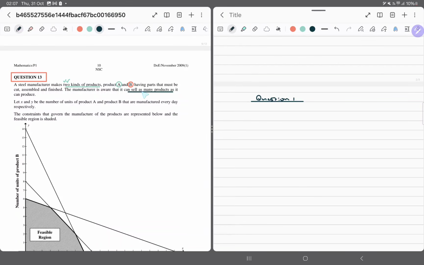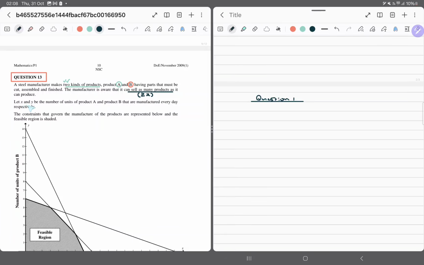Now, many meaning the minimum, meaning from whatever value and more. So think of greater than or equal to some variable, because this can be any value, which would be the starting point, and anything above it. So as many as possible. This means more or less, right? Right. As it can produce.